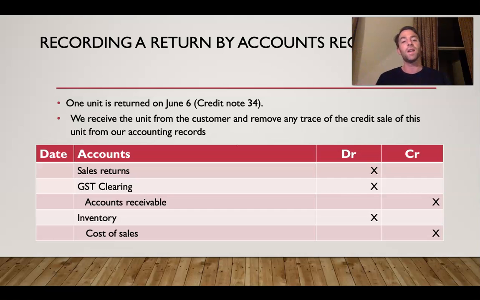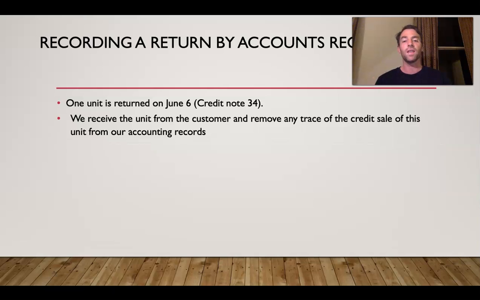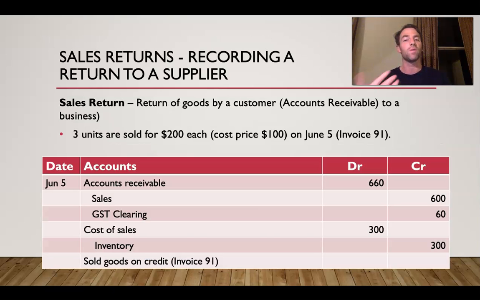Inventory going up is a debit. Our expenses have reduced because our sales have also reduced. So these are our 5 elements that we need to record, and you'll see that they are the exact opposite of what we would have recorded for a credit sale.